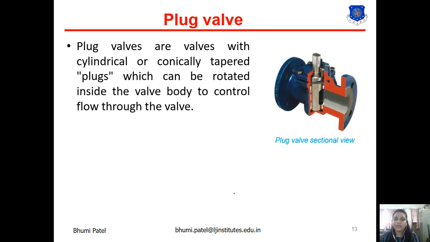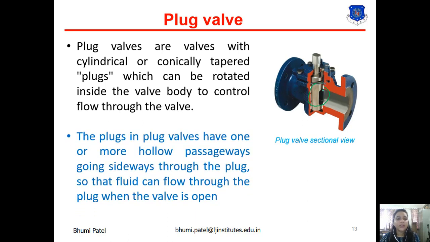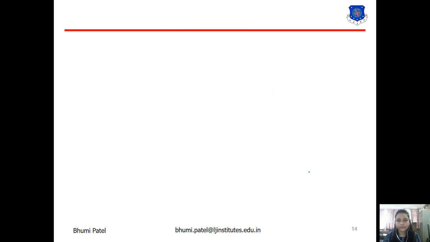Here you can see in this diagram we can connect the plug in the valve body. The plugs in plug valves have one or more hollow passageways going sideways through the plug so that fluid can flow through the plug when the valve is open.